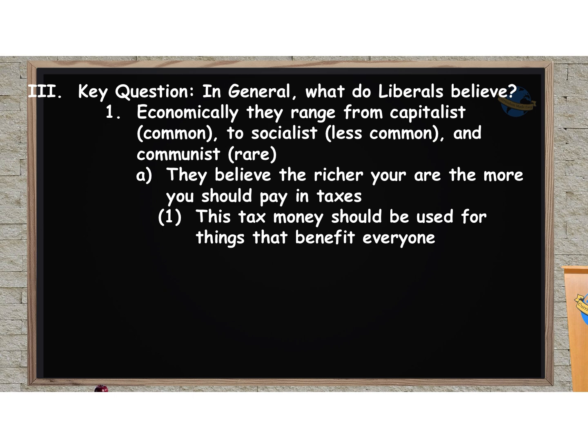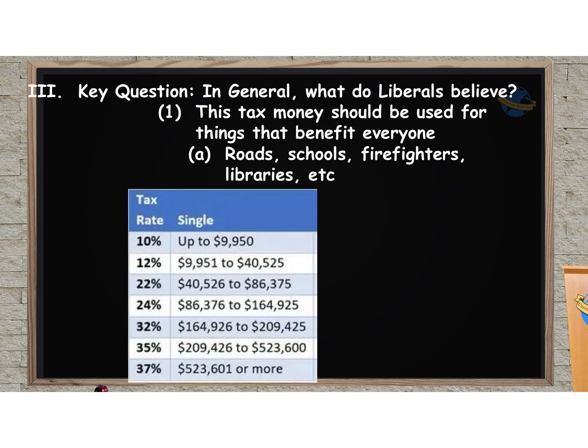The idea here being a billionaire who makes $1 million a year can afford to chip in more and should pay more in taxes than someone who's struggling to pay rent each month. These taxes would go for things such as roads, schools, firefighters, libraries, things that benefit everyone and will allow more people the opportunity to join that wealthier upper class.